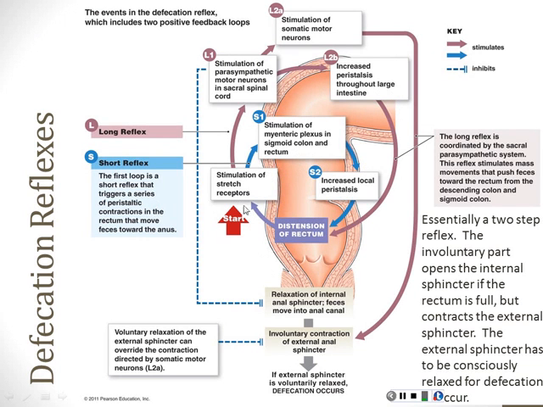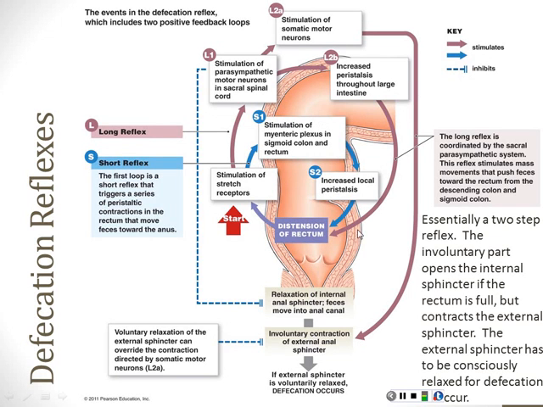In the walls here are neurons that sense stretch. So the first thing that happens when that stretch occurs is that the internal sphincter relaxes. So the rectum fills, the internal sphincter relaxes, but then the external sphincter contracts.